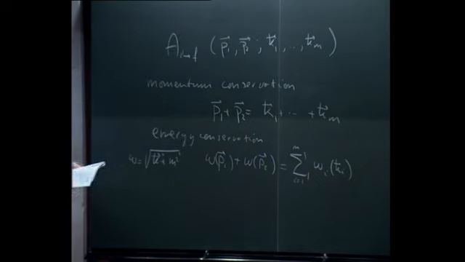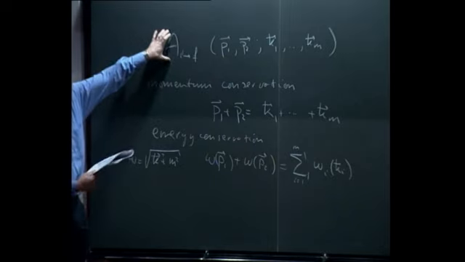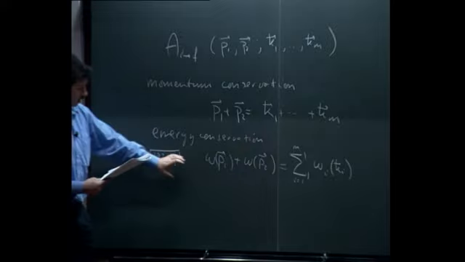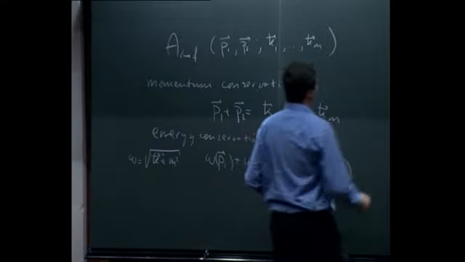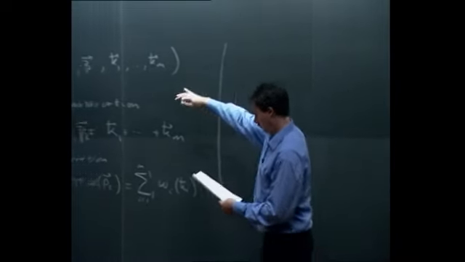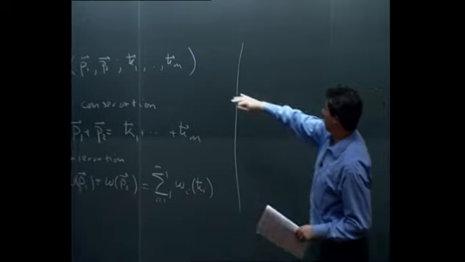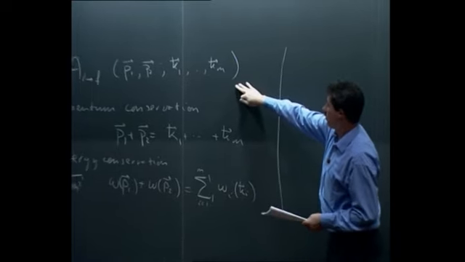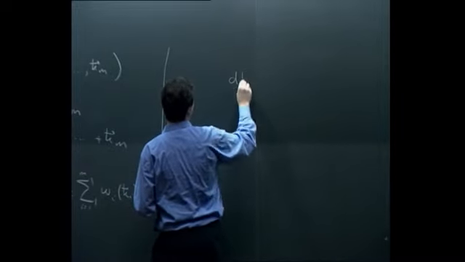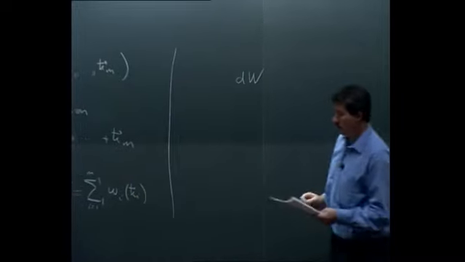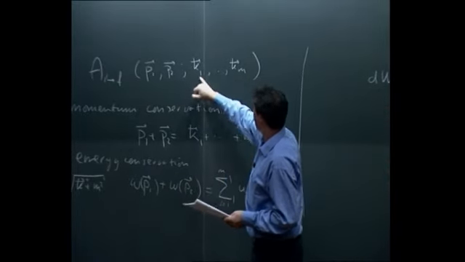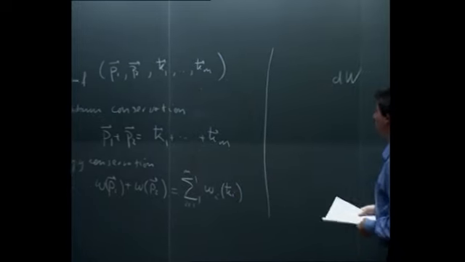So inside the amplitude, we have something like a delta function that should impose those conditions. Actually, if you write down the probability amplitude in this way, we have to use it to go to the transition probability, which I'll denote with dW, which is a probability that two particles with momentum p1 and p2 produce particles with momentum k1 up to km.